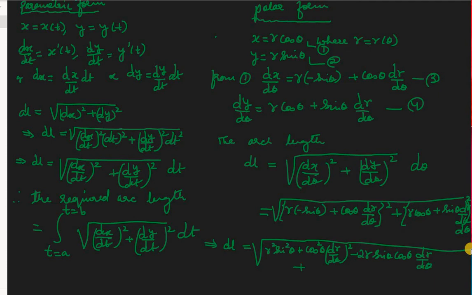Plus now this term inside the square root, r cos theta plus sin theta dr d theta the whole square. If we expand that one, you get r square cos square theta plus sin square theta dr d theta the whole square plus 2ab, that means 2 times r cos theta sin theta dr d theta, into this d theta which lies outside the square root.